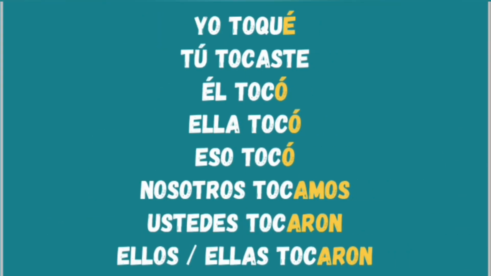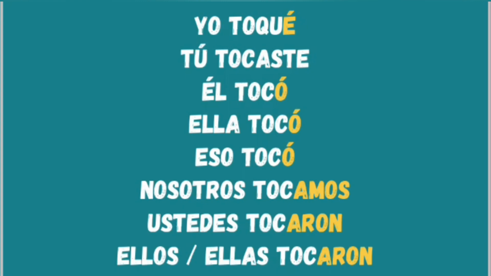So now let's see how you have to conjugate this verb in the indefinite past, okay? So if you want to say I played or I touched, then you have to say yo toqué. Yo toqué, okay? And see, the root word is QU, okay? It's ending with QU.